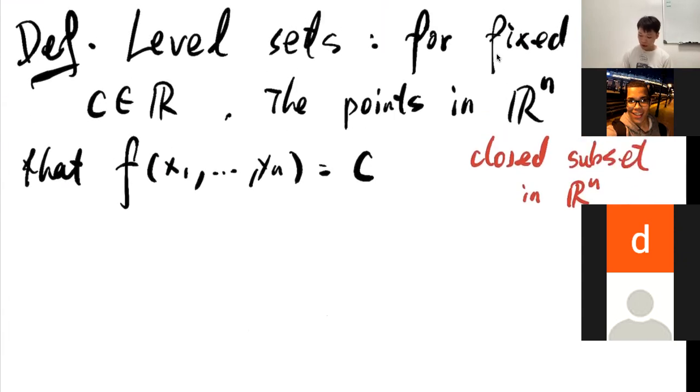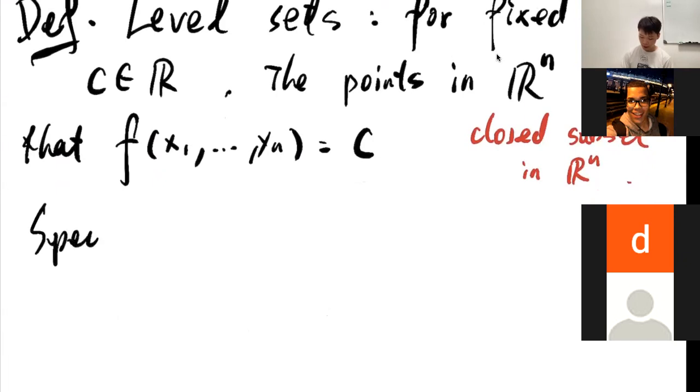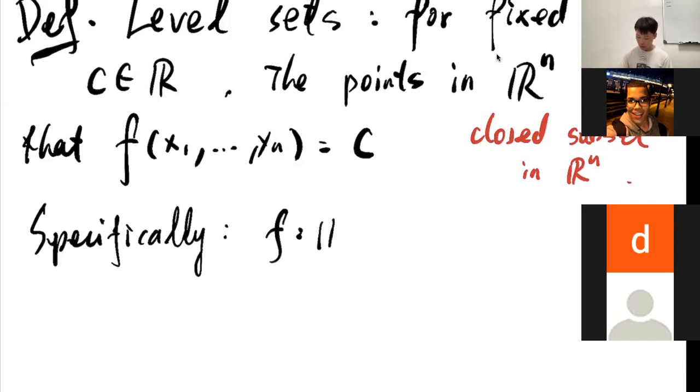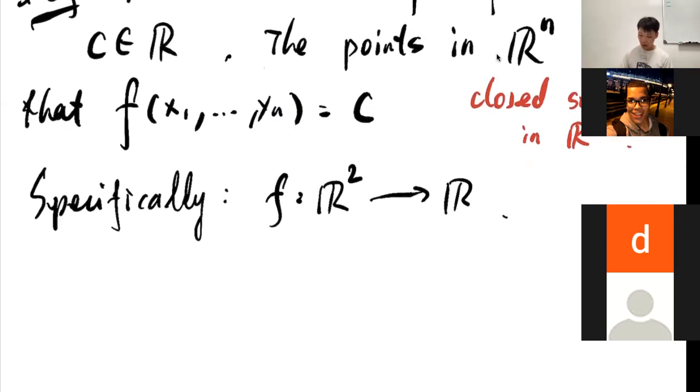Well, let's begin specifically. If you have a level set when your function is mapping R2 to R, that means your function only takes two variables. Right. So the level set has a special name.